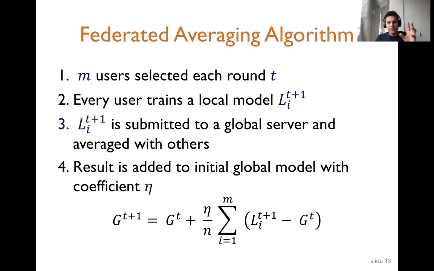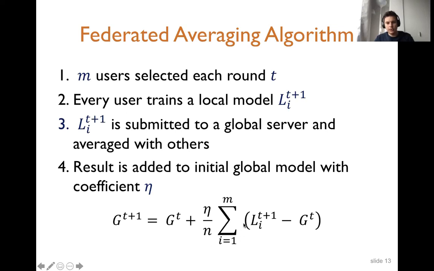The exact details of the algorithm are that it just tries to average the local models. As I was showing in the previous algorithm, we get a local model trained on the local data, and then the local model in some round T+1 is submitted to the global server.